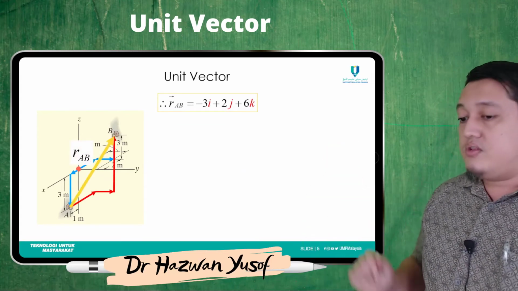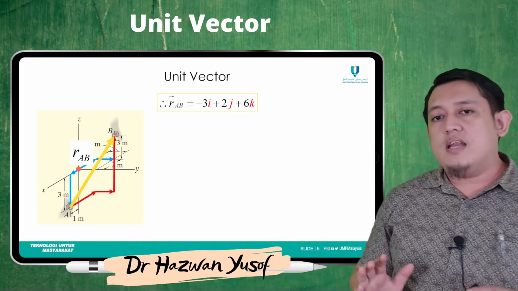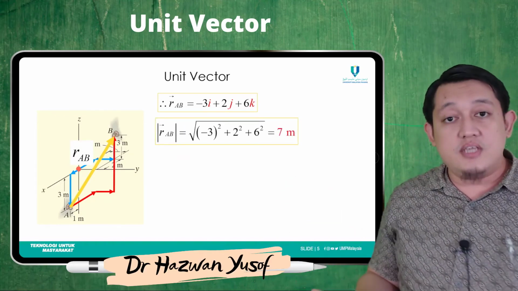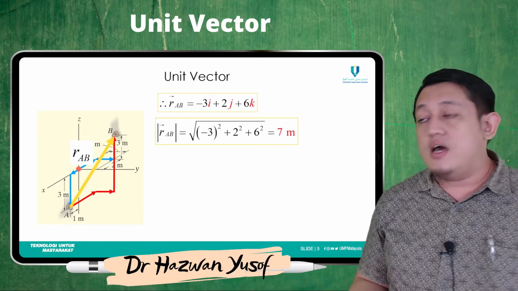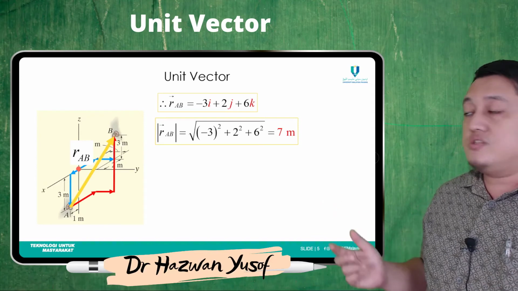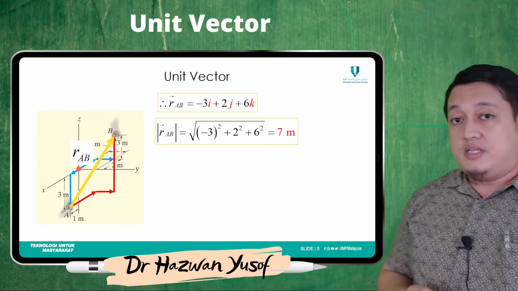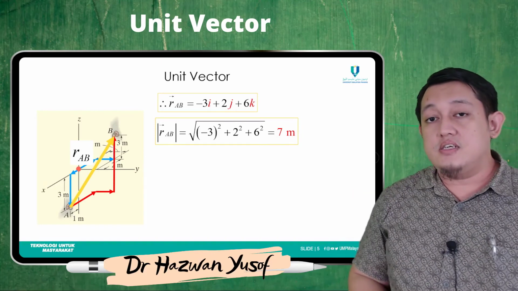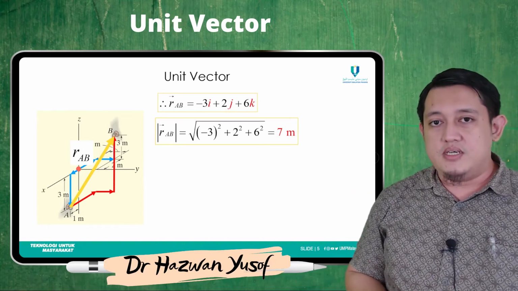Now, this is the direction from A to B here. And what about the magnitude of this direction? We use the same process as before. Square root of x square plus y square plus z square. So, we have the distance is 7 meter. It means that from A to B, the distance is equal to 7 meter.